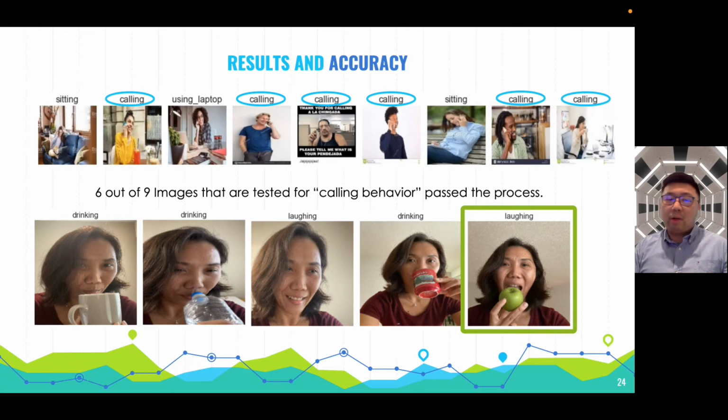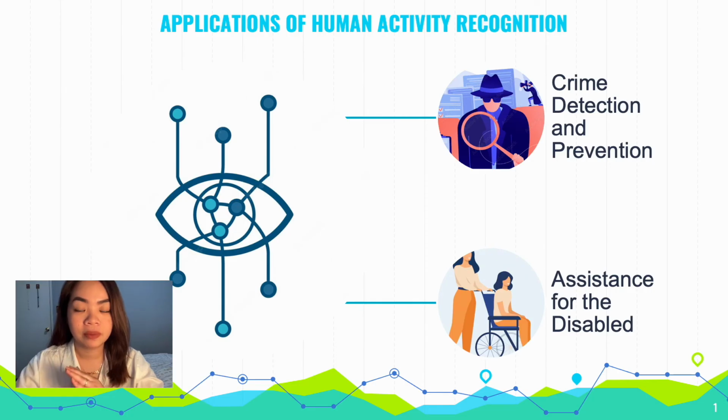Moving on, we will talk about how we are going to use our model in practical usage, and Mo is going to walk you through this. So this application or this model can also apply to the real world. In crime detection and prevention, video surveillance is now very important for public safety.